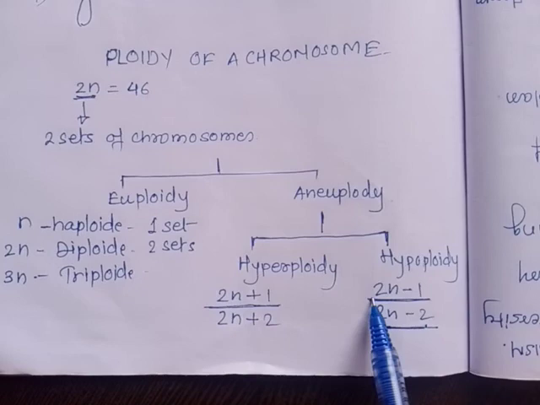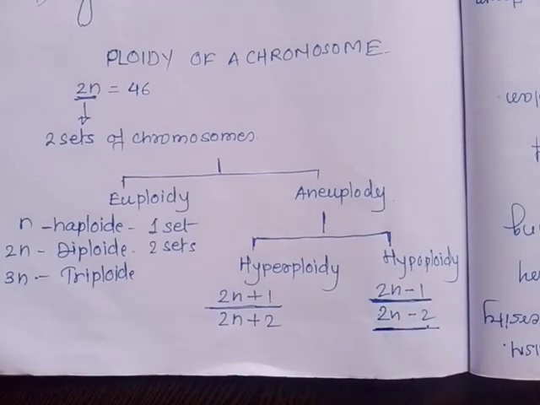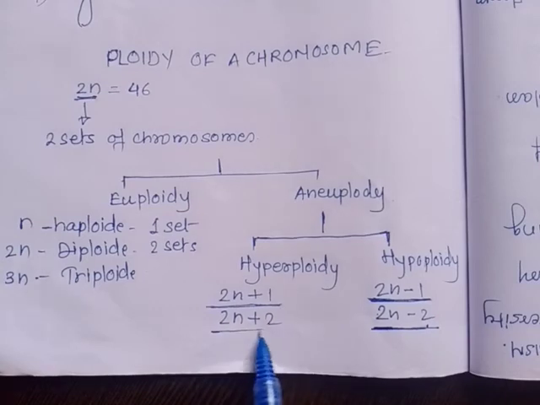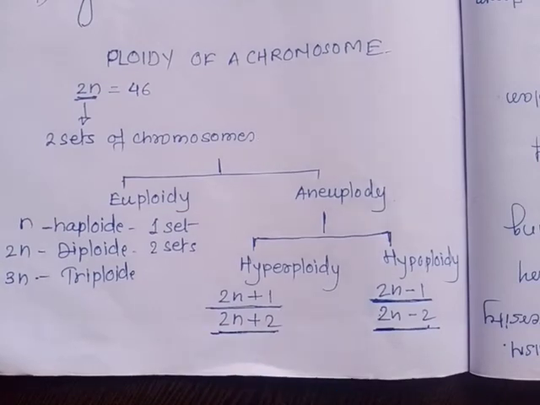A particular chromosome is present only once in a diploid set of chromosomes, or here a complete pair of chromosomes is present twice. So trisomy, nullisomy and monosomy are the cases of aneuploidy.